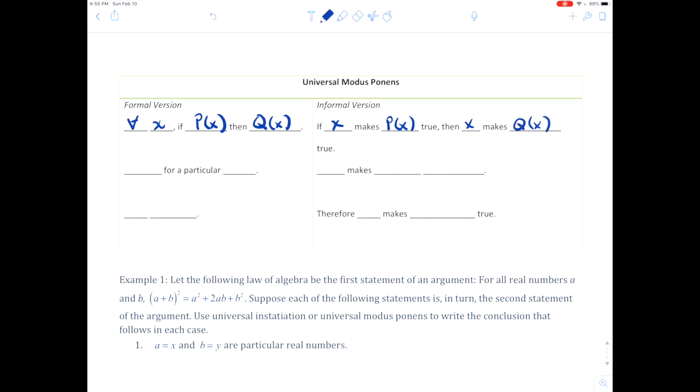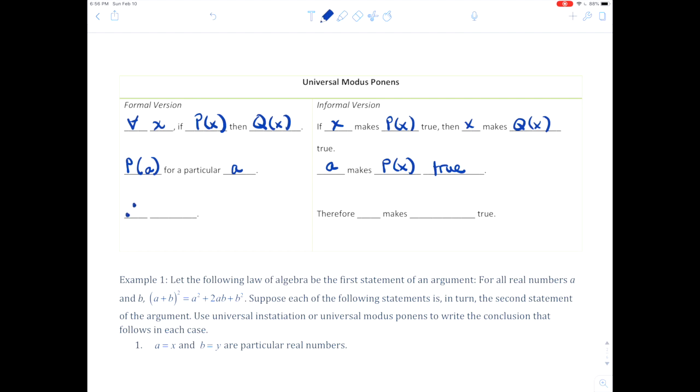All right, well, universal modus ponens, our next step is, remember, you assume the given part, right? The p of x, but we're going to say p of a for a particular a. We're going to say a makes p of x true.